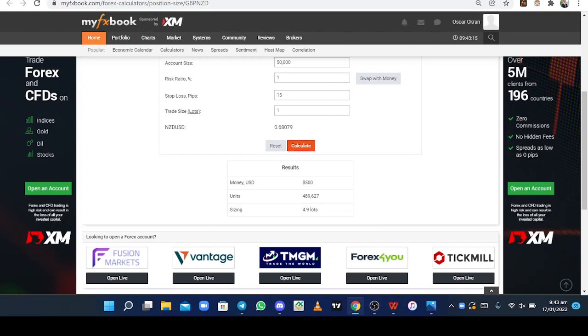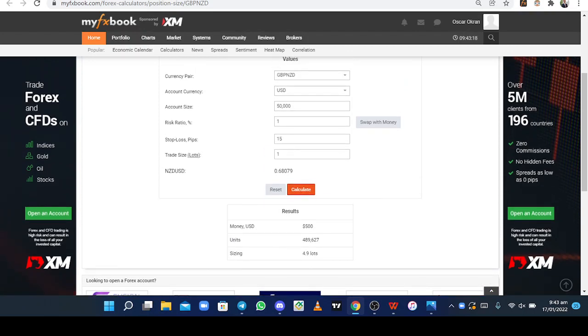On the $50,000 account, you are risking 1%, and 1% of 50,000 is $500. For us to lose $500 if the trade goes against us by 15 pips, we have to use 4.9 lot size.